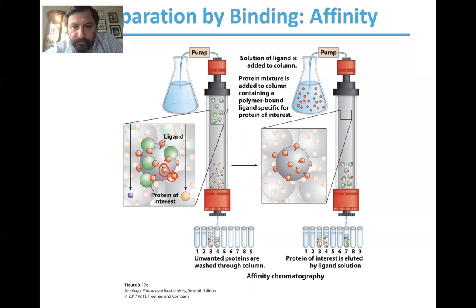So basically you have a column, you put the ligand in, and then you run your mixture of proteins through, and only proteins which are specific for that ligand, only those will get stuck in the column. The other ones will just wash straight through.